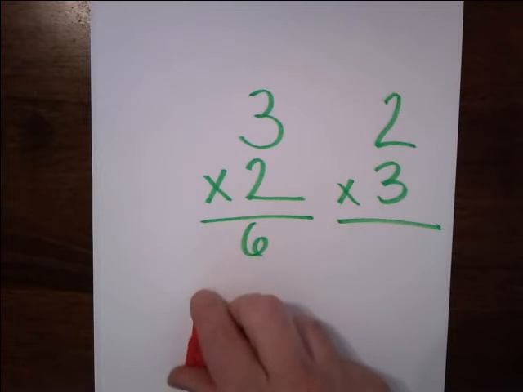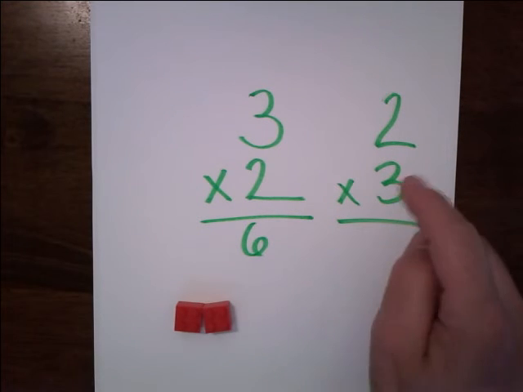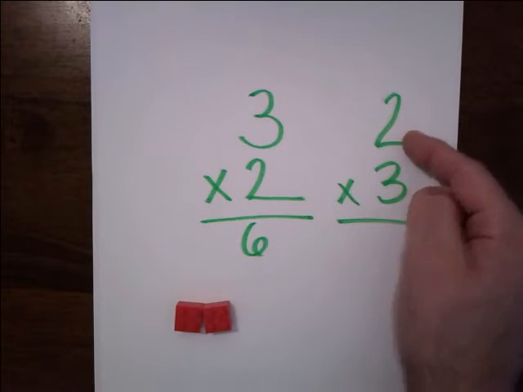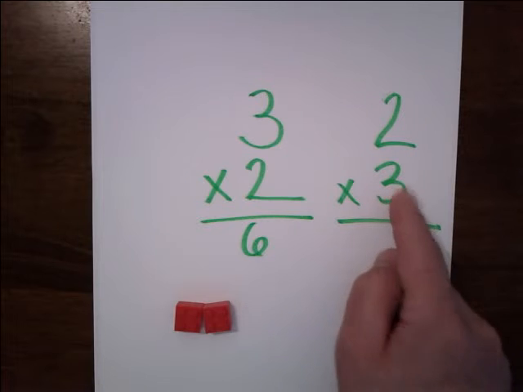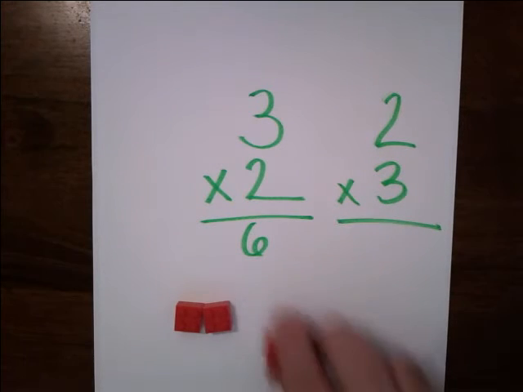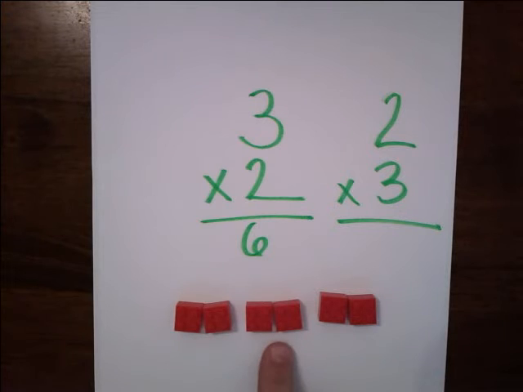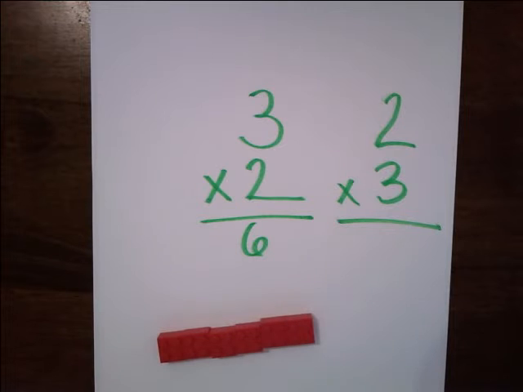So I need 2. My bottom number tells me how many groups I'll need. So I need 3 groups of 2 to do the problem. And you can see I have 1 group, 2 groups, and 3 groups. Put them together. Let's see what we have. 1, 2, 3, 4, 5, 6.